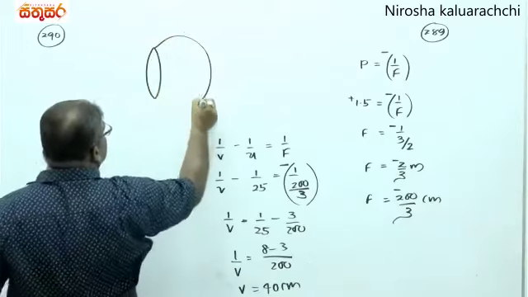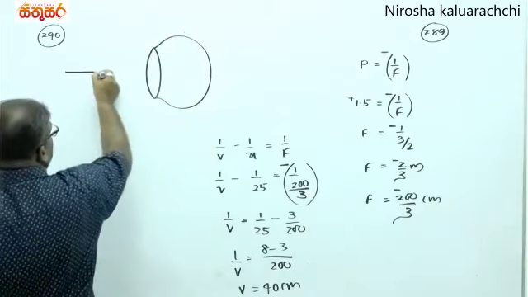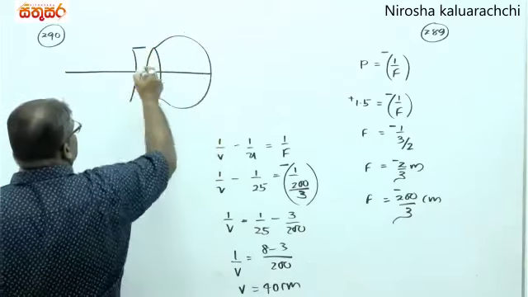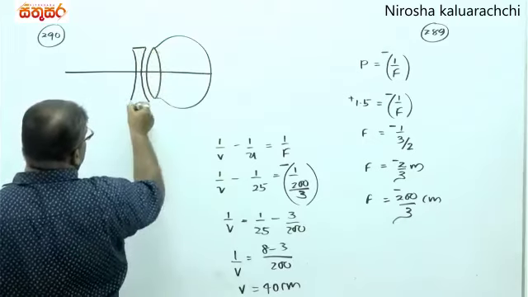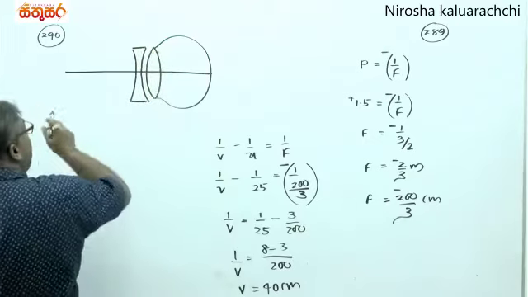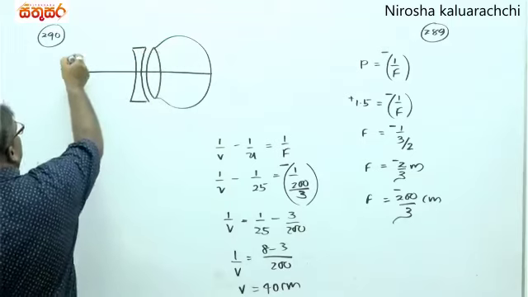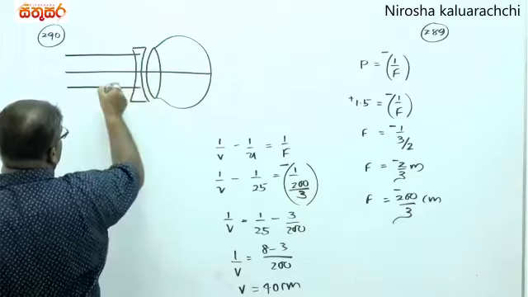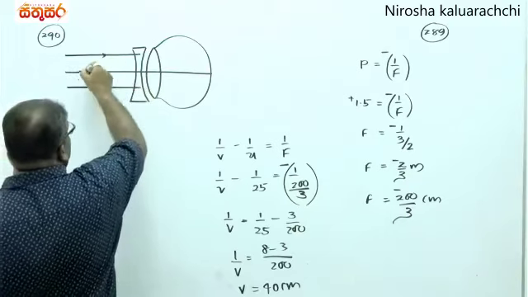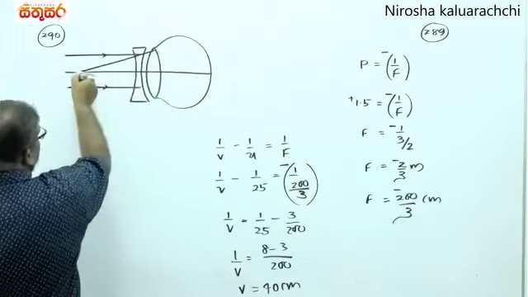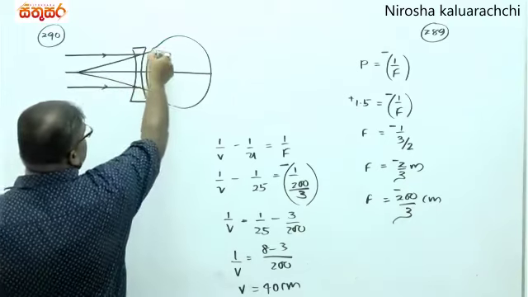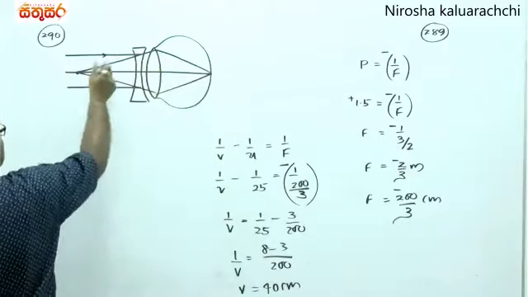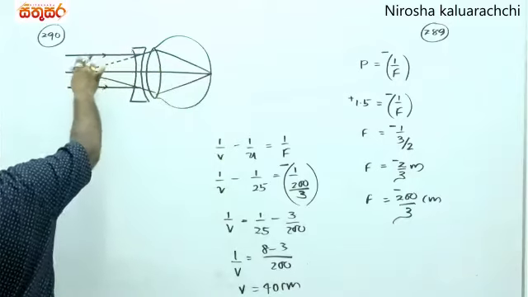This one is the observer's eye. Here we have concave lens. When the object is kept at infinity, parallel beam of light falls on the lens, they are diverging from the point of the focus of the worn lens, concave lens, right here.